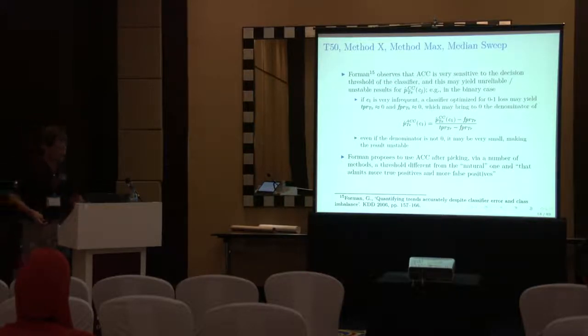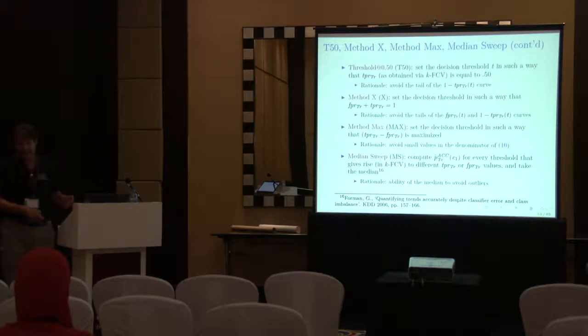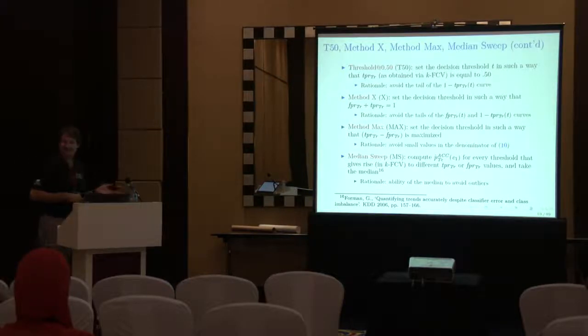There are several methods that he proposed here with different heuristics. The problem is that they sound very heuristic, and they are such that quantification gets even more unrelated to classification than it normally is.